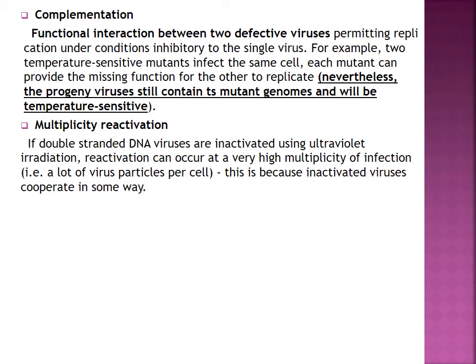Multiplicity reactivation: if double strand DNA viruses are inactivated by ultraviolet irradiation, reactivation can occur at a very high multiplicity of infection, a lot of viruses per one cell at the same time. This is because the inactivated viruses will cooperate with each other.